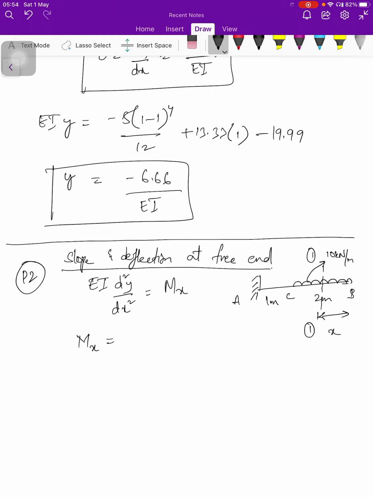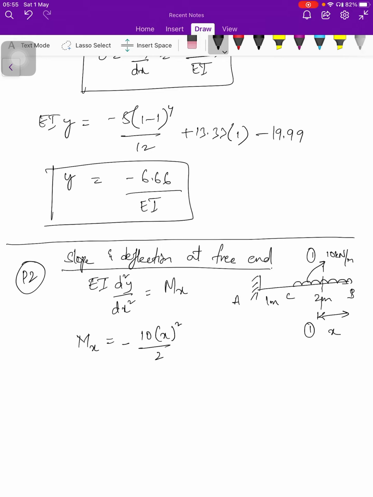What is the equation for moment? It is 10 into x square by 2 with a negative sign. The load beyond the section is 10 kilonewton per meter, and the length of UDL is x, so it will be minus 10 into x square by 2. Alright, so this is the moment. Now if I move this section up to point C, this equation is valid.